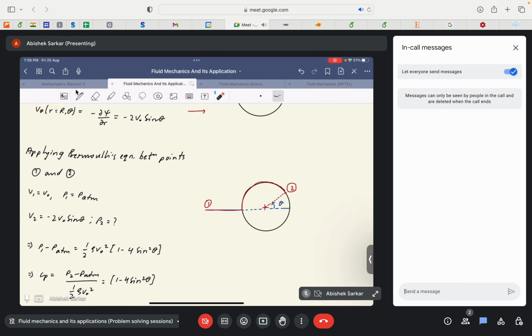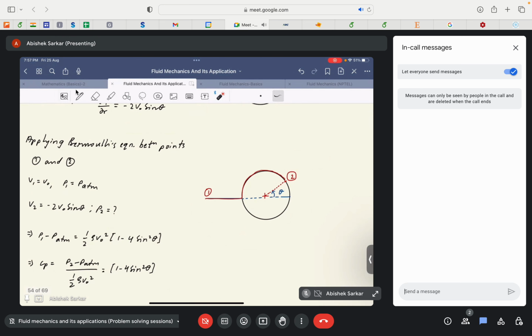Now we need to find p2. So we apply the Bernoulli equation at these two points, and after modifying the terms, we get that p2 minus p atm is equal to 1 by 2 rho v naught square times 1 minus 4 sine square theta. I'm sorry, it's not p1, it's actually p2.